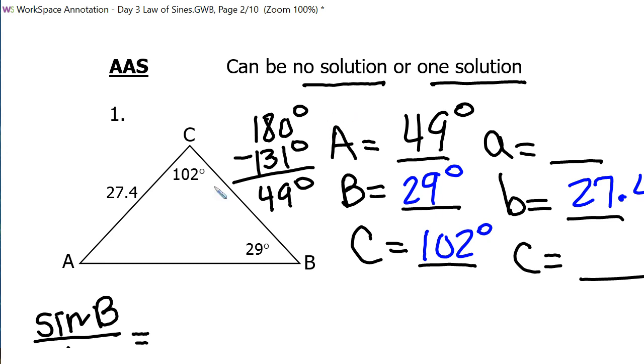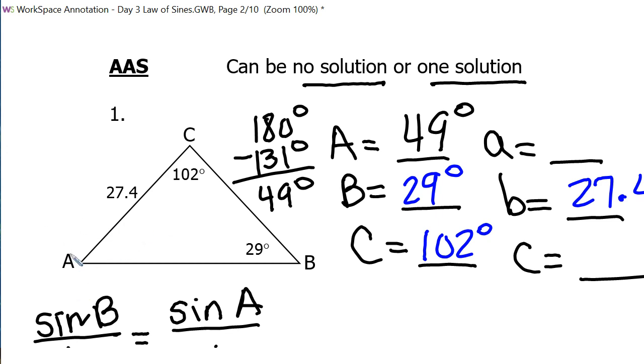So if I want to solve for A first, I would have to set this equal to the sine of A divided by side A. So we're only going to use two sides at a time. So we have the pair of B given. Now we're going to solve for side A.